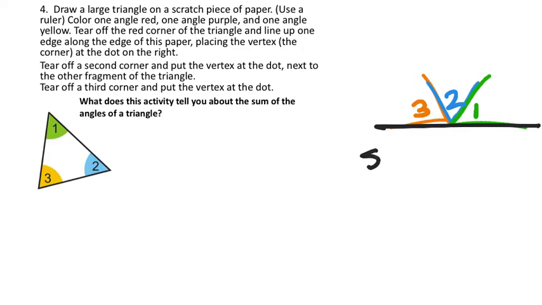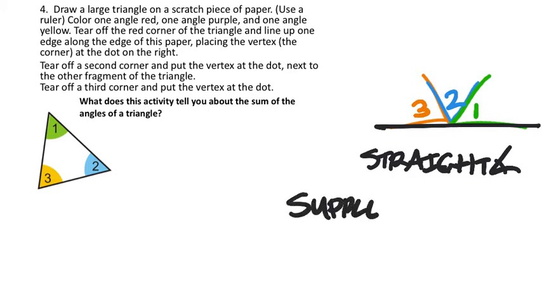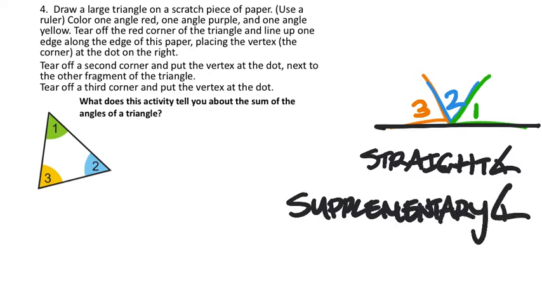It's a straight angle, or what we call supplementary angles. What does supplementary mean? It means they add up to 180 degrees, just as straight angles do. You could call this a linear triple if you like, but I don't think we need to go that far.